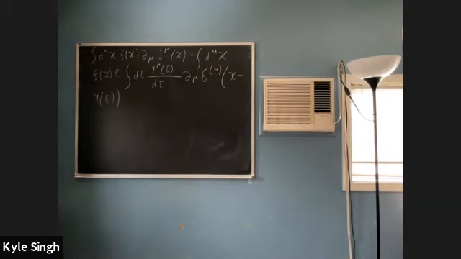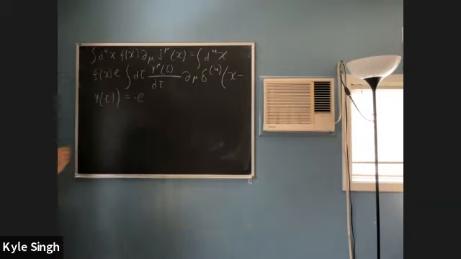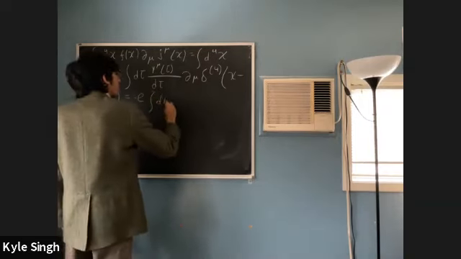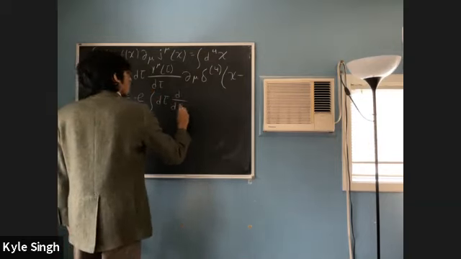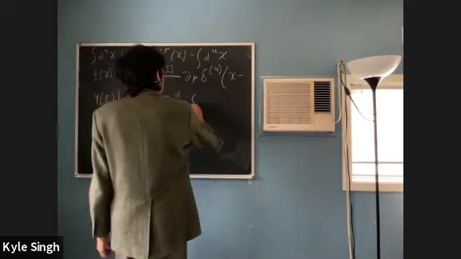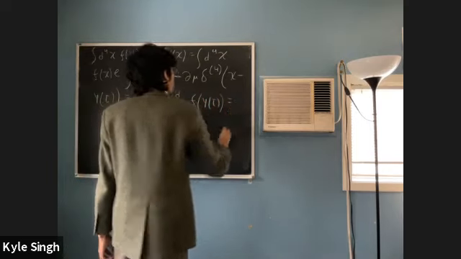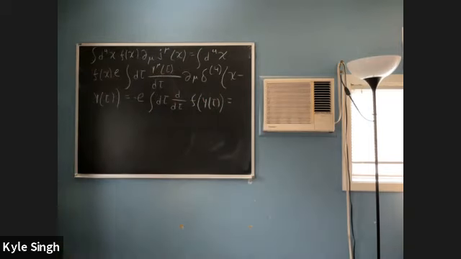So if you compute this integral, what do you get? You're going to get a minus e. I'm just going to pull it outside and do the integral dτ. Not do the full thing, only one piece. F of y of τ.